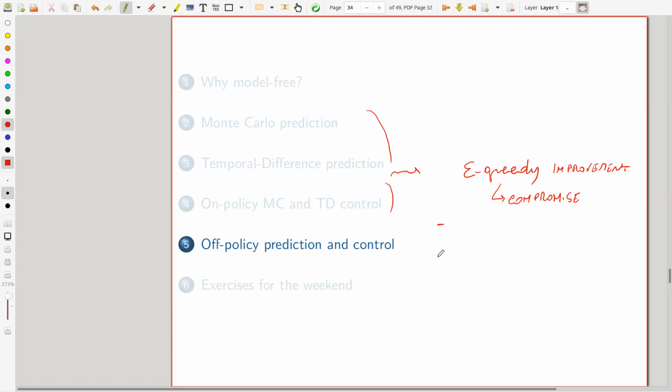You see that in our algorithms, we do two important different things. In one situation of the algorithm, we choose the actions from a policy.